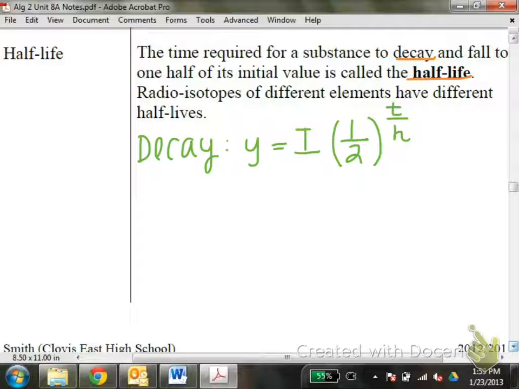T is the amount of time that the thing is given to decay. H is the half-life. So I is your initial. For decay, you're always going to have initial amount times 1/2 to the amount of time over the half-life. That's exponential form, that t over h.